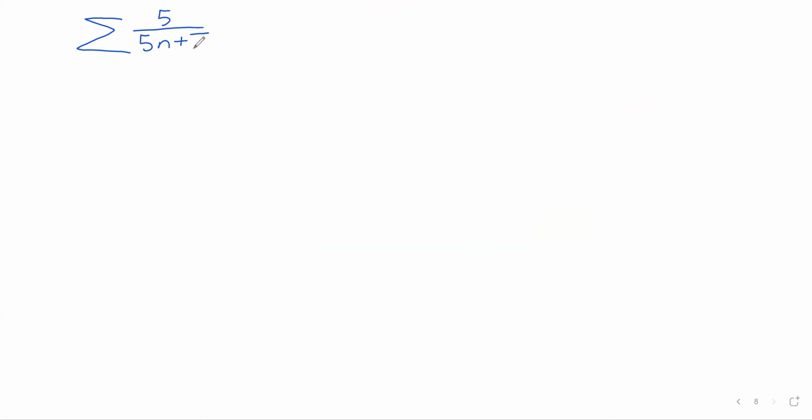Let's now look at the original problem. Again, trying to use our intuition here. We don't care what happens when n's small. N's going to infinity. N's a million or a billion or a trillion.